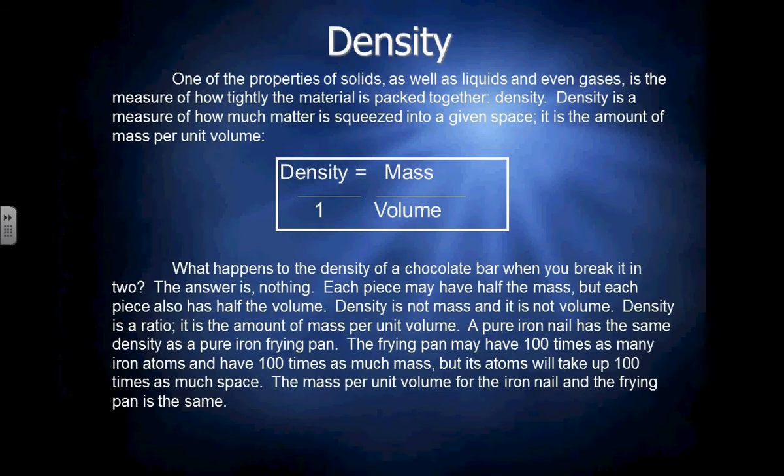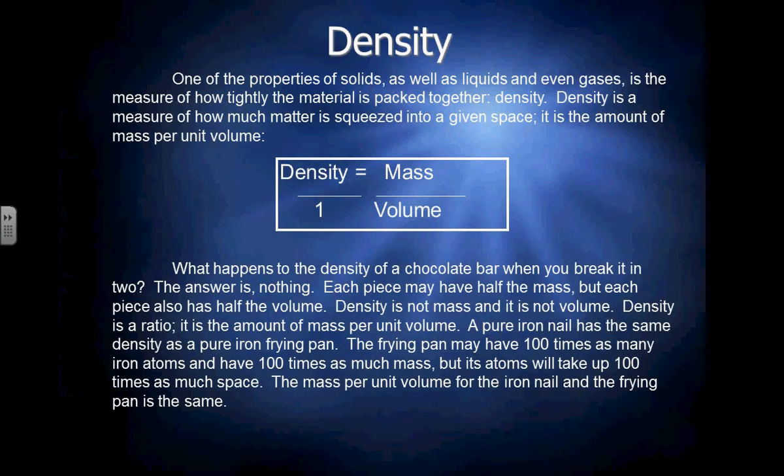All right, so to calculate density, we use a proportion. Okay? The density is the mass of the object divided by the volume of the object. Density is a measurement of how tightly packed the molecules are, how much mass is in that given volume.